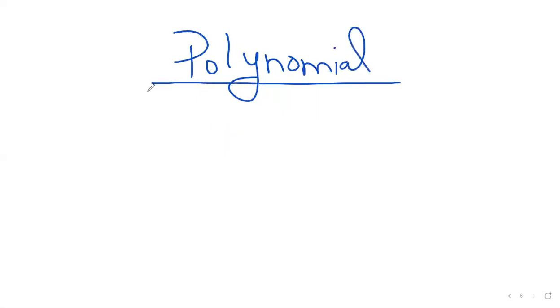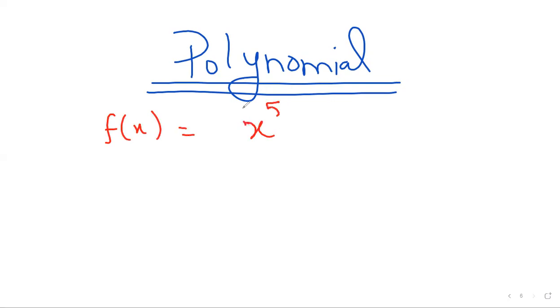Starting with the polynomial functions. The polynomial functions are in terms of x. For example, if the question is given f of x is equal to x power 5. The first derivative, which is f dash of x.